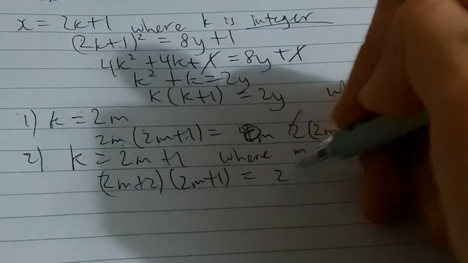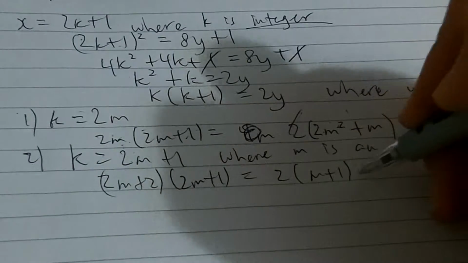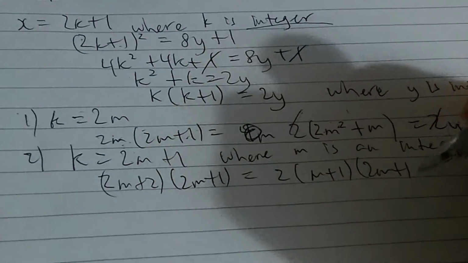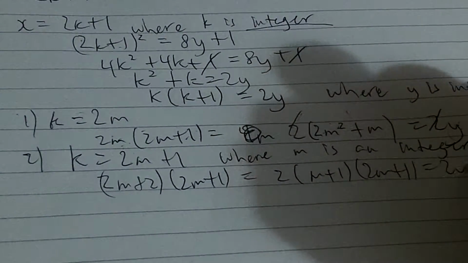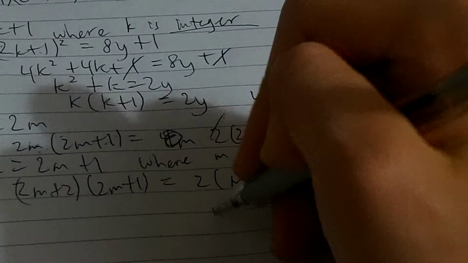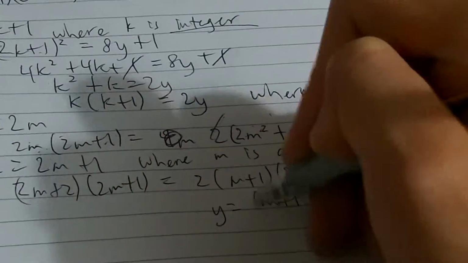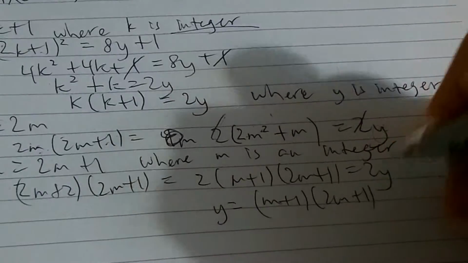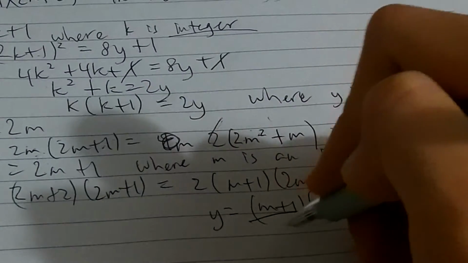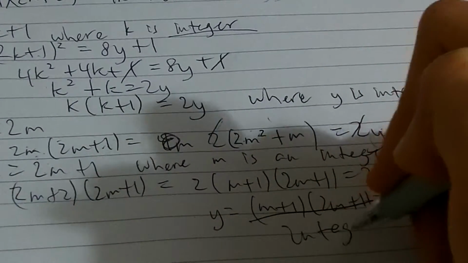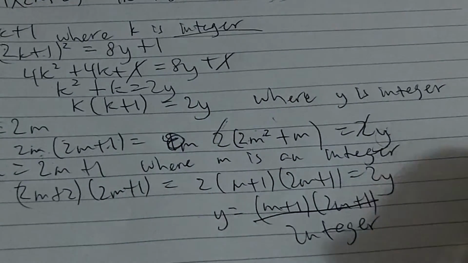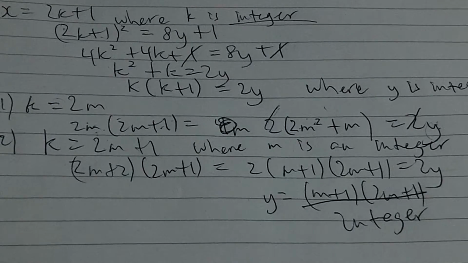Then we take out the 2 and get m plus 1 times 2m plus 1. And now we have that equals y. So y will equal m plus 1 times 2m plus 1, which will be an integer because m is an integer. So now we just proved number b.